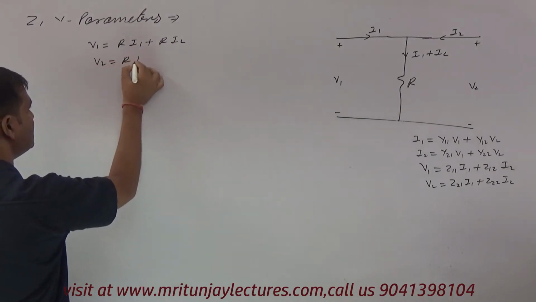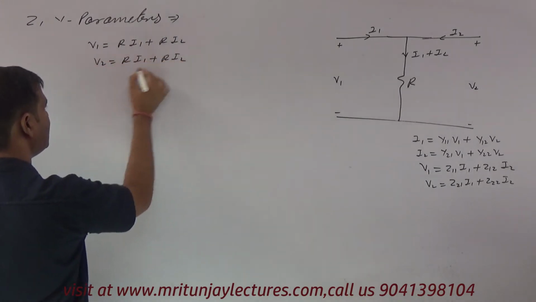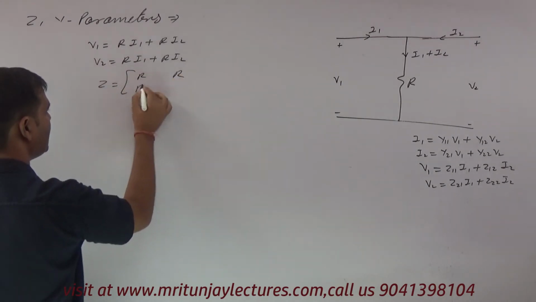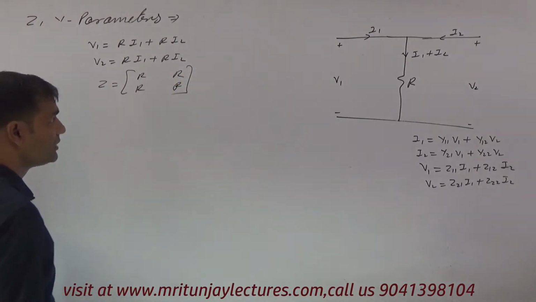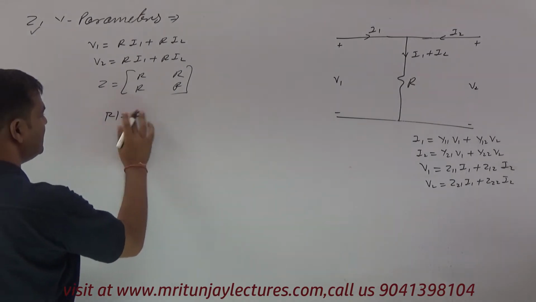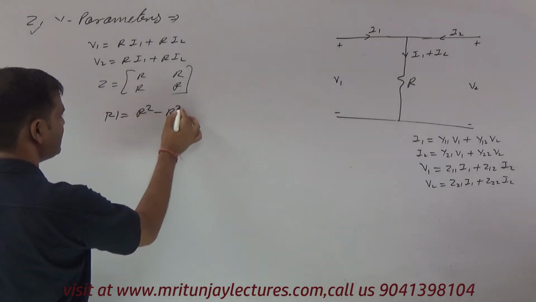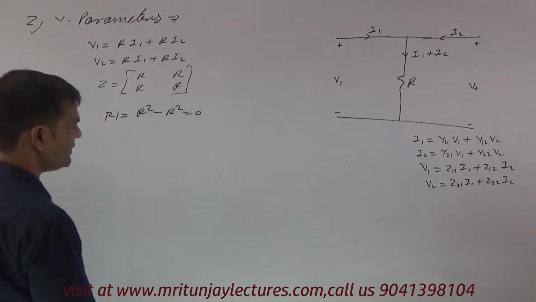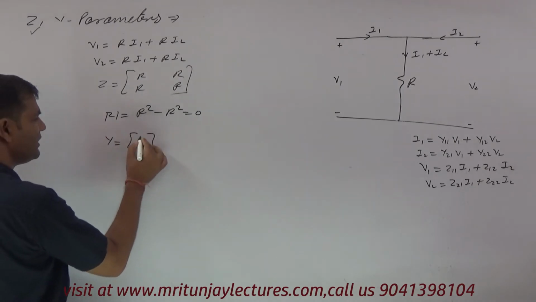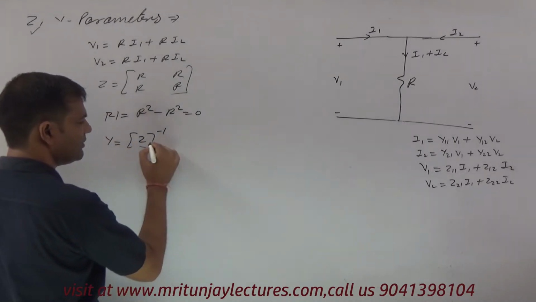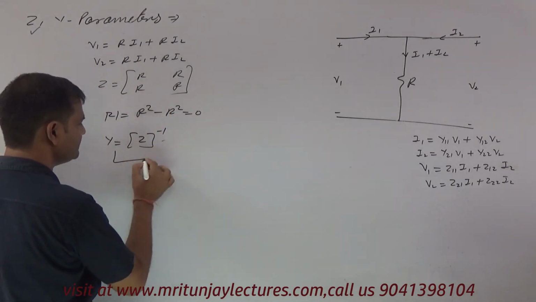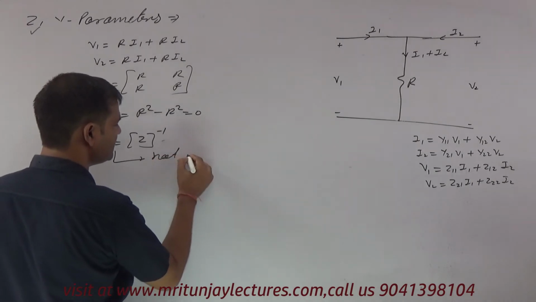V2 is the same because both are in parallel. So the Z parameter is R, very clear. So Z exists. Now what about mod Z? That is 0, because R square minus R square is 0. If you determine the Y parameter, that is the inverse of Z. Since mod Z is 0, the Y parameter does not exist. Clear or not?